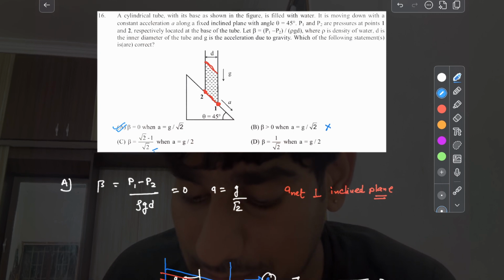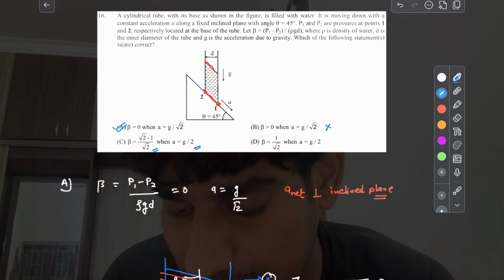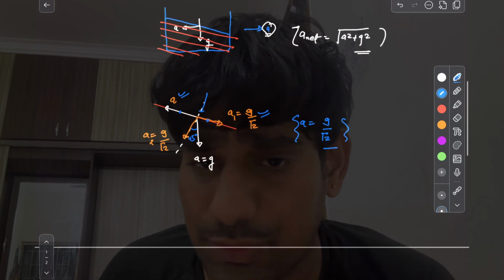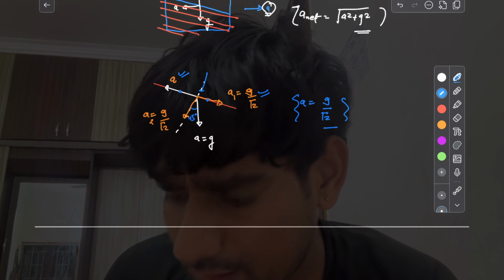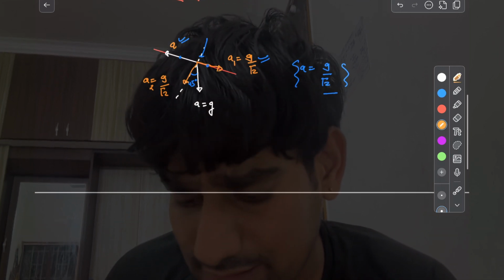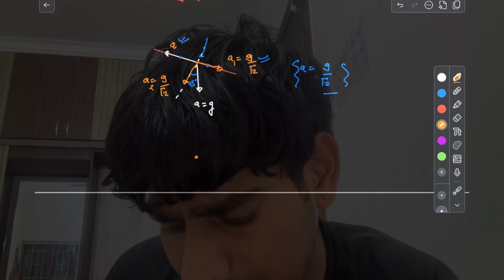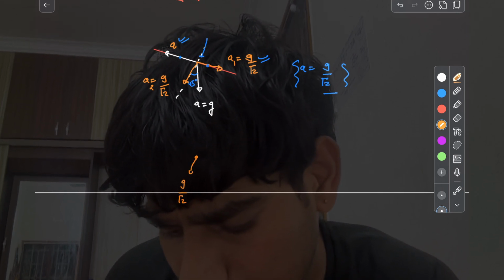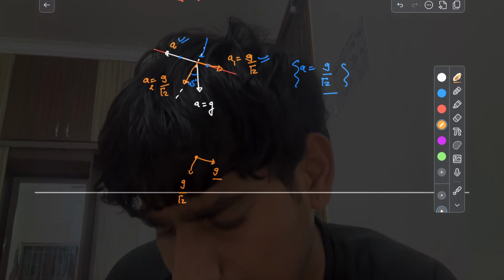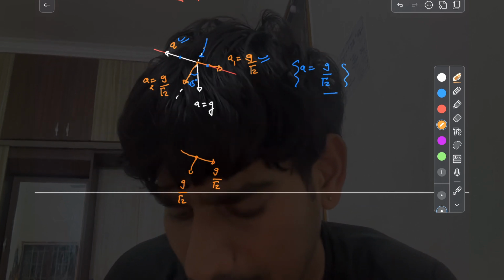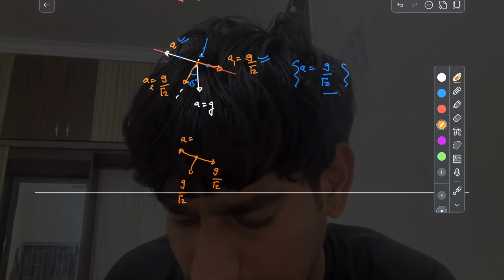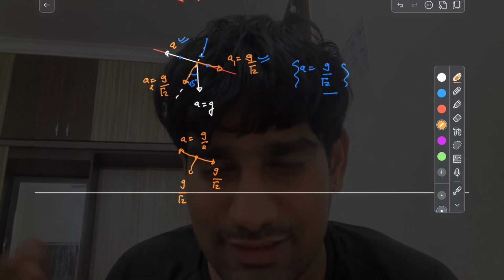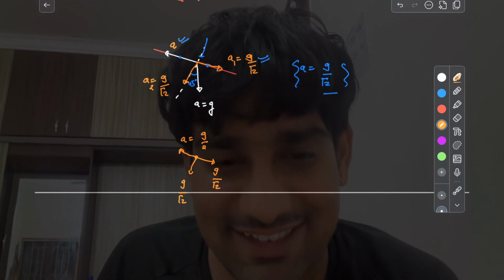Now the third option says that beta is this much when a is g by 2. If a is g by 2, then let us again calculate the net acceleration. If I take gravity's components, it is g by root 2 like this and g by root 2 like this. And on this side we have acceleration a equals g by 2. My handwriting is not that good, but you can understand this.